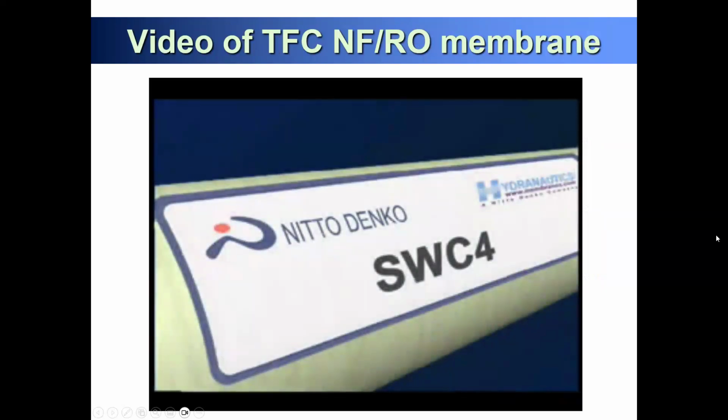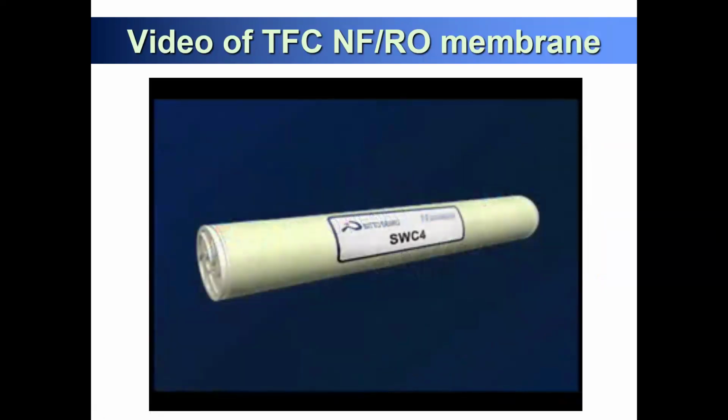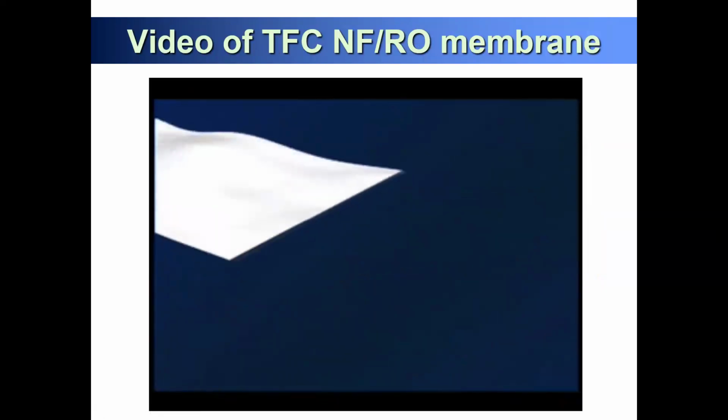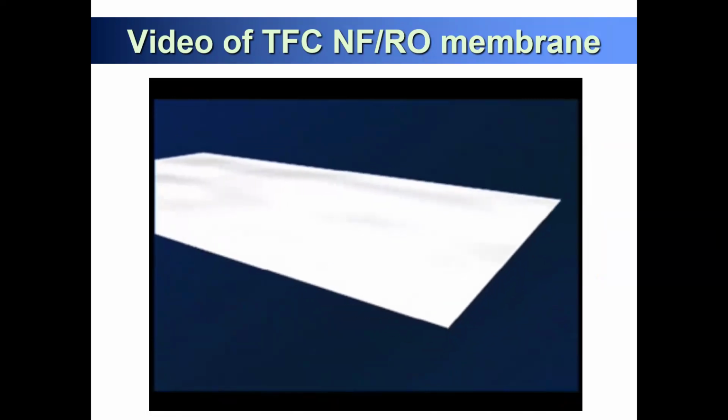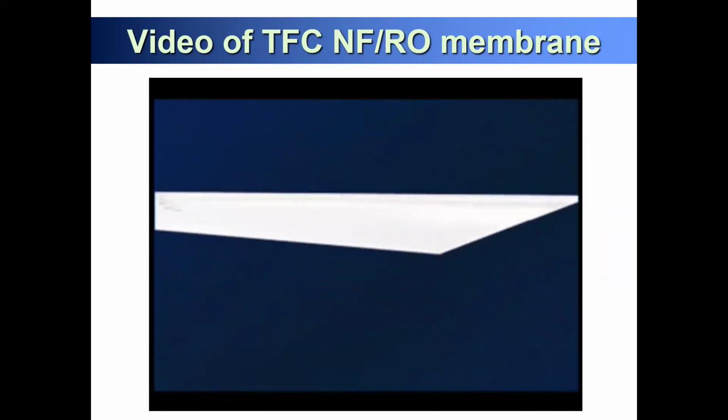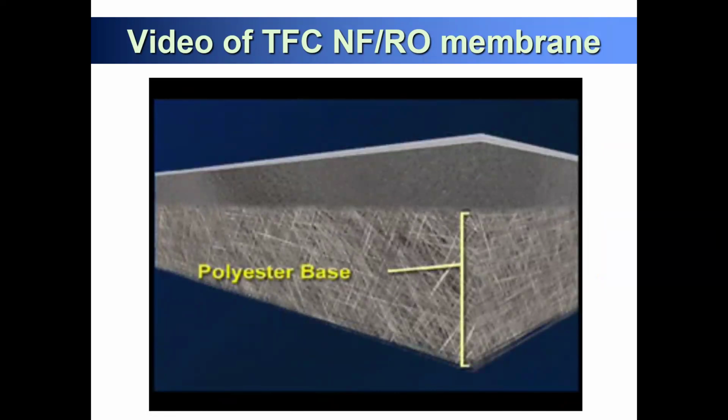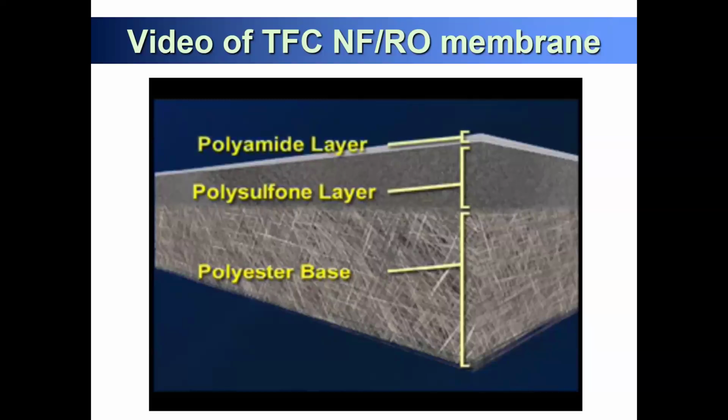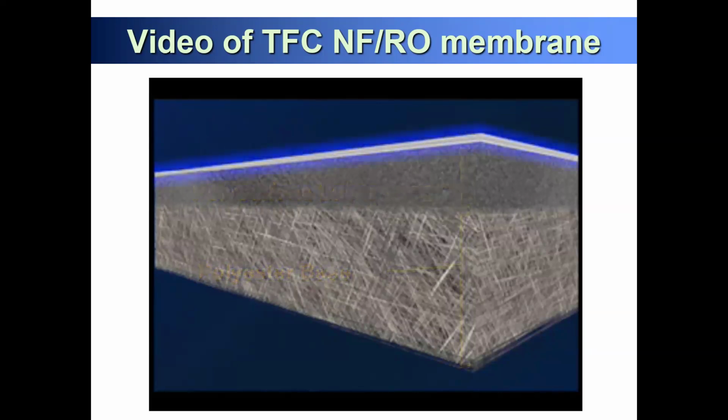To create our standard spiral wound membranes, we construct the flat sheet membrane using Hydranautics automated casting equipment. We begin the process with a fabric support base and then coat it with a microporous polysulfone layer. This provides additional support for the top 0.2 micron thick membrane barrier layer. This top barrier layer makes the actual separation to purify the water.